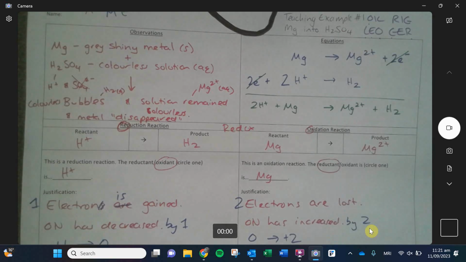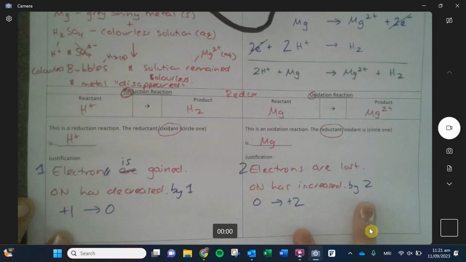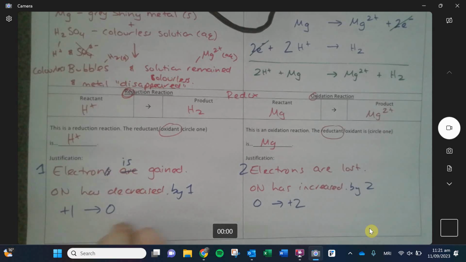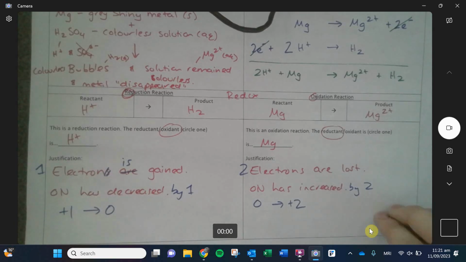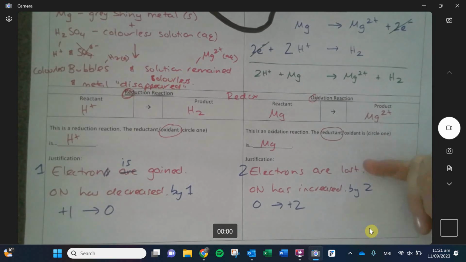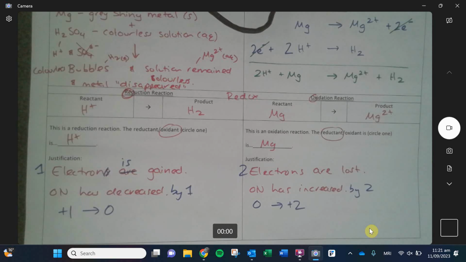If you're aiming for a merit, then you need to add the next layer, which is looking at those half equations and at the justifications. What I'm looking at is if you justified reduction and if you justified oxidation, and it's either or of those two. So you're either telling me the electron number that's been lost or the change in oxidation number. So that's just being more specific in the detail.